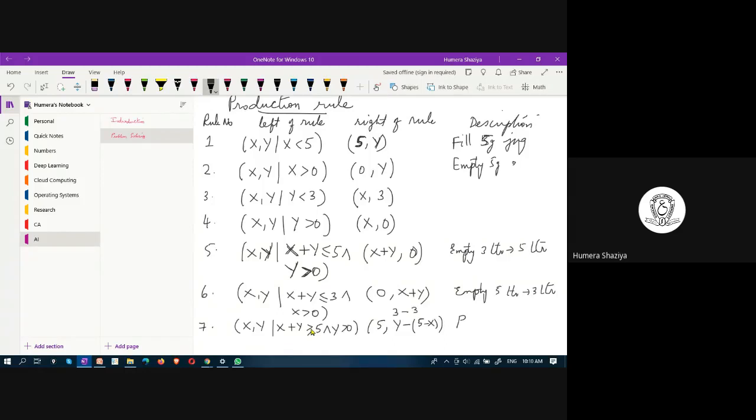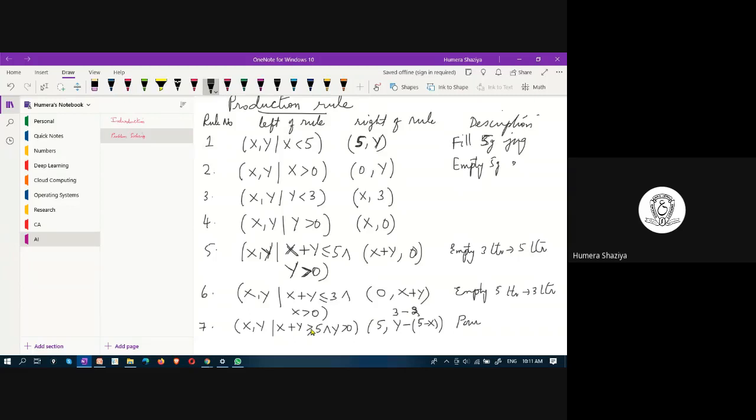So what did you do? 3 liter water you poured into the 5 liter jug. If X had 3, then 5 minus 3 is 2. So Y is the 3 liter jug. From the 3 liter jug, you are pouring 2 liter water into the 5 liter jug. This is 4. This is empty. You make the 5 liter jug empty into the 3 liter.